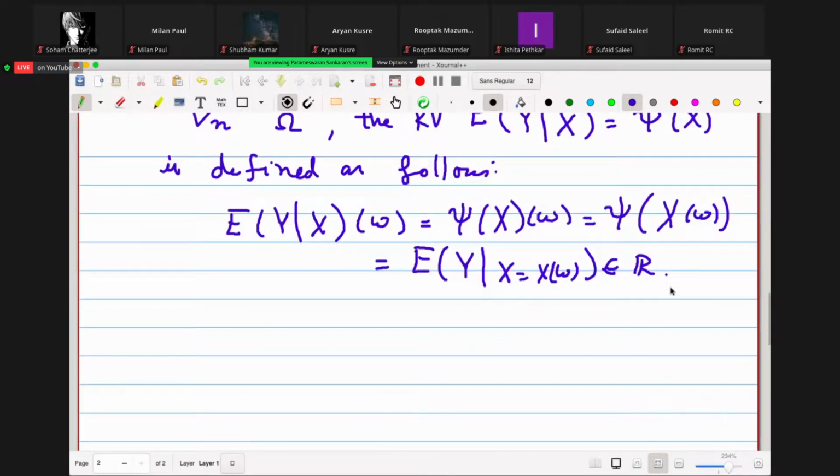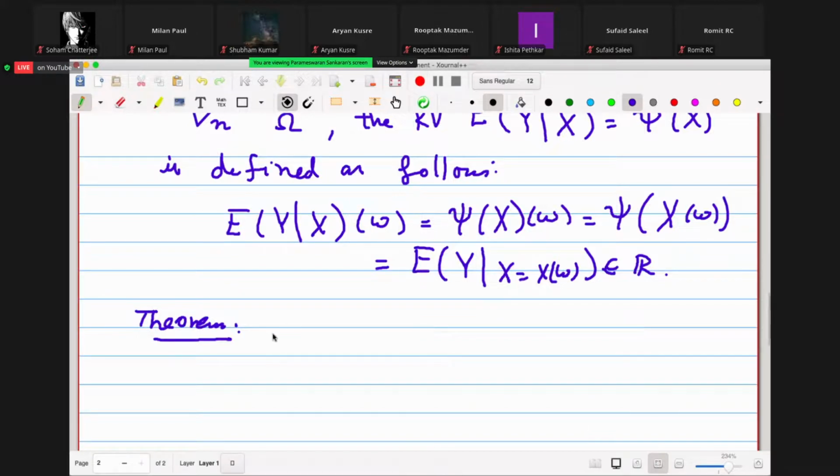I think things will become clear if we do an example. But before that, I stated this theorem somewhere here.